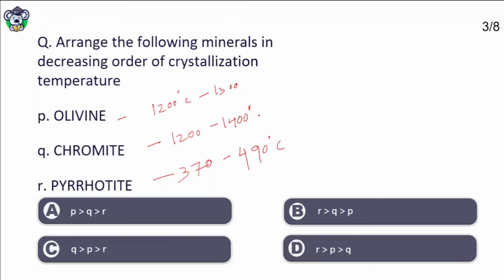These are degree centigrade. Okay, so which will crystallize first? That is chromite first, then olivine, then pyrrhotite. So the order will be QPR, that is option C.